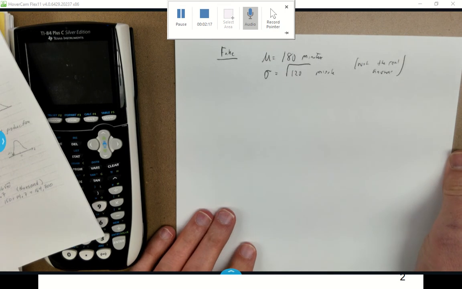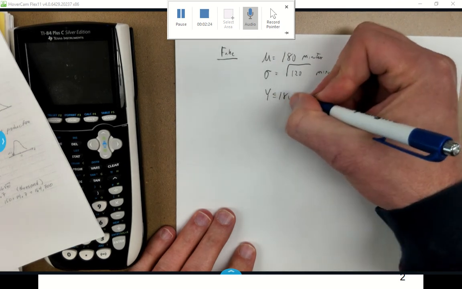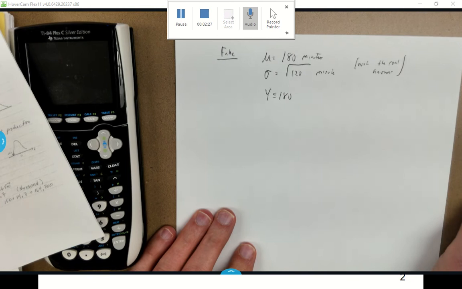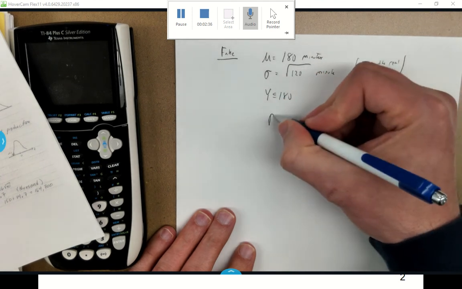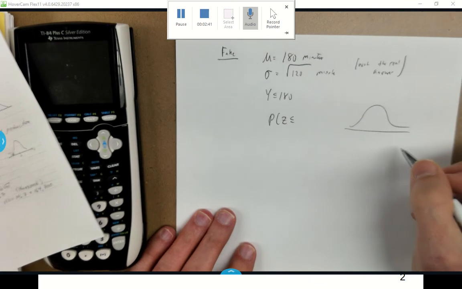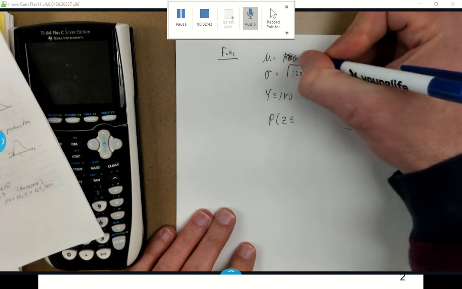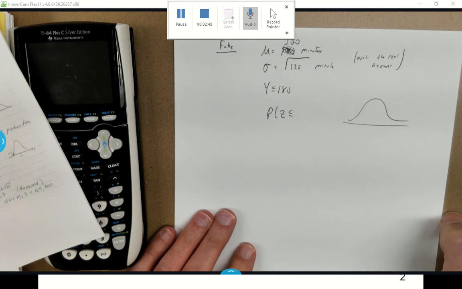And so an 8:30 departure means you need to have y less than or equal to 180 minutes. So you'd have to figure out the probability that z is less than what value. Well, let me change this to 200 because this is not going to work out as well with the same one.